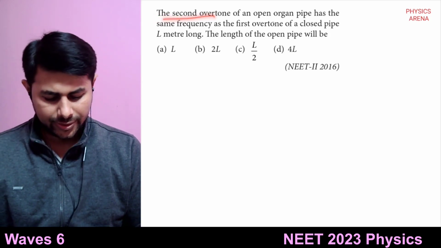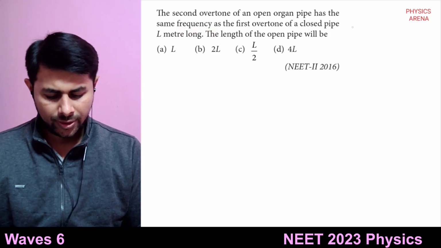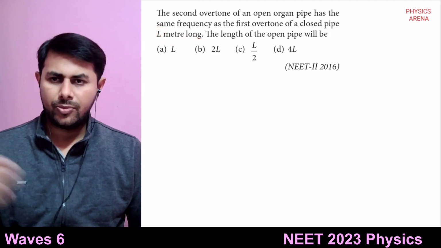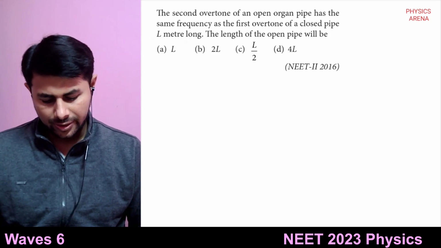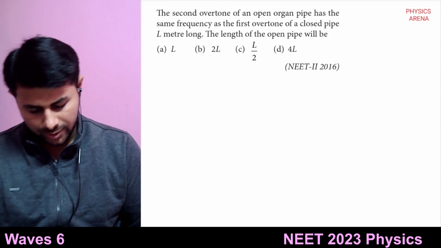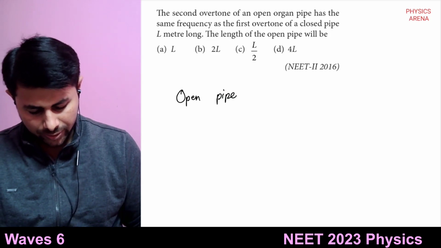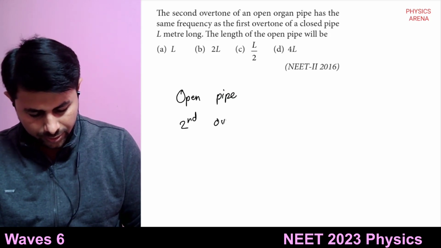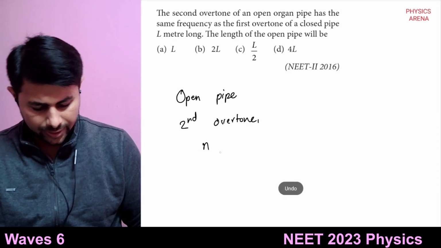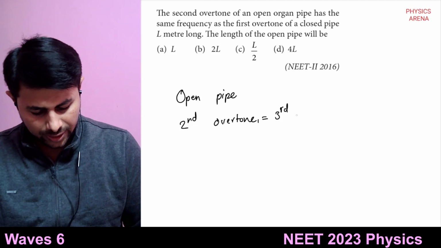The second overtone of an open organ pipe has the same frequency as the first overtone of a closed pipe L meter long. Okay, so again, in both cases these are overtones. So for the open pipe, second overtone is equal to third harmonic.